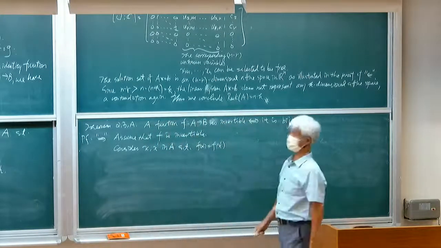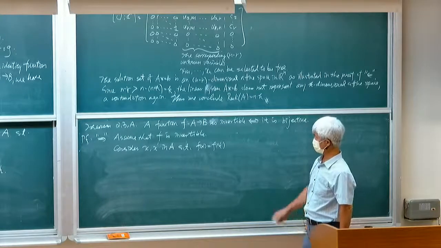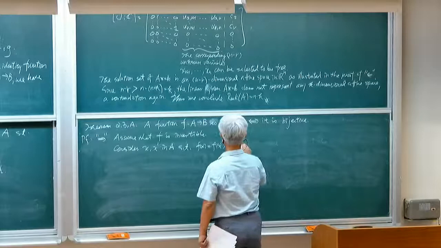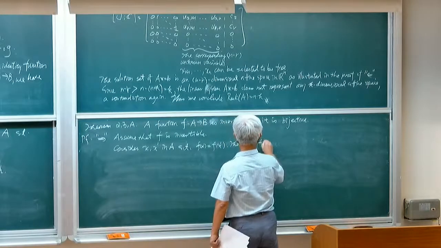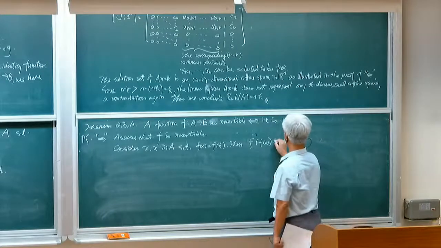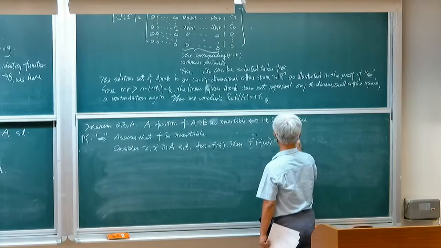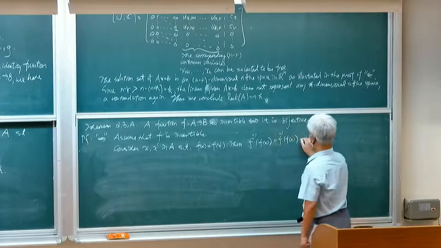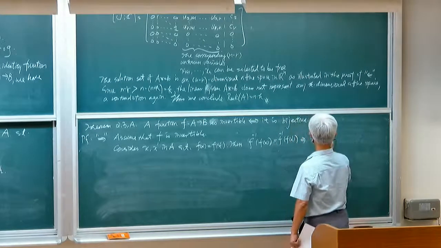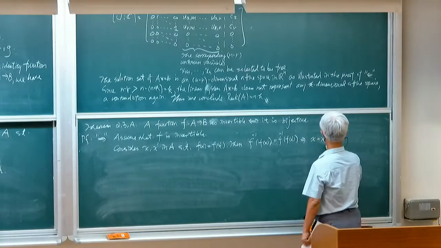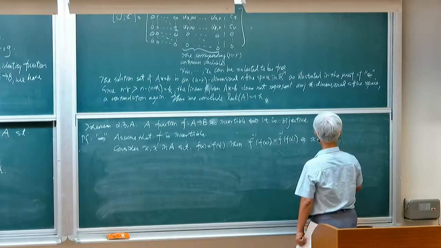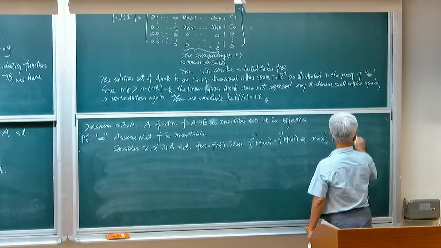So consider two elements in A that have the same value. Then we apply the inverse function of f on both sides, and this implies that x is equal to x'. So f is one-to-one.